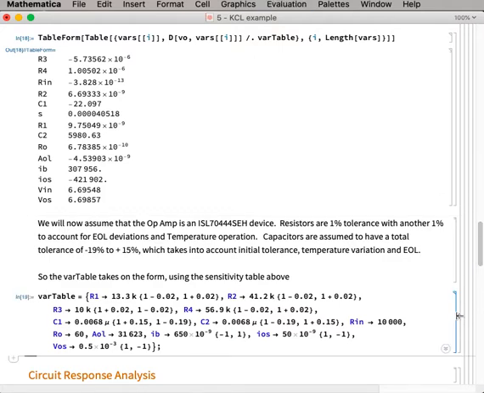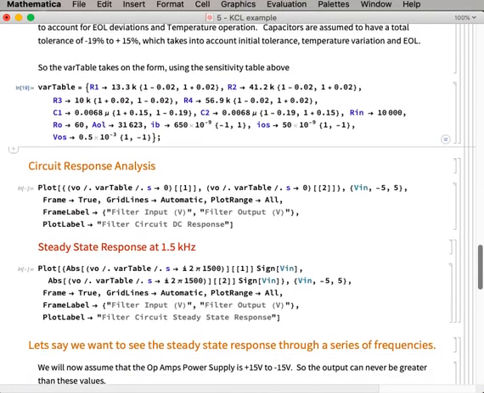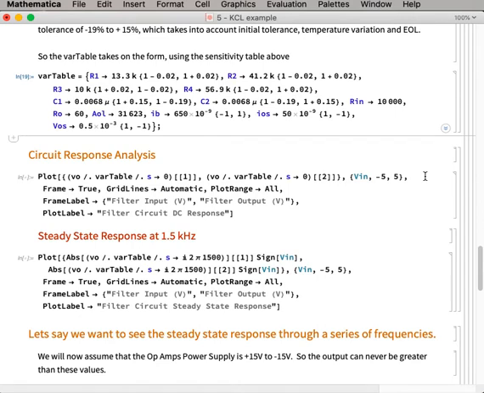So now we have the real variable table that has both minimum and maximum values in it. Now it actually starts the easier part, which is just looking at what's the circuit response to this analysis. Since it's a function of the input voltage, we're going to plot the circuit response at DC, so S is equal to 0, for Vin going from minus 5 volts to 5 volts.